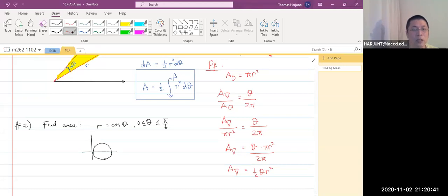Now what I need is from 0 to pi over 6, and this part. What is the area there?